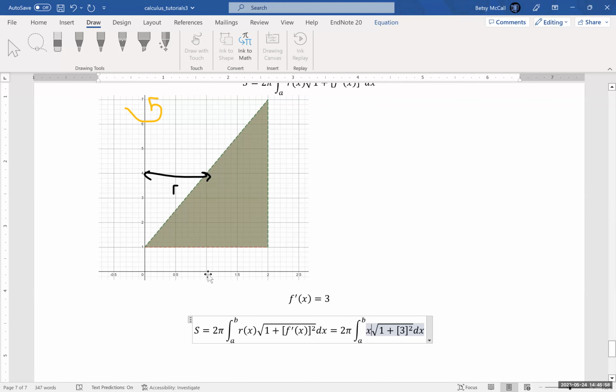It's just, here's my cylinder. I'm thinking about rotating around. What is that radius? It's just the distance of x. Now, that's the only thing that differs between rotating around the x-axis and rotating around the y-axis. And then we could go ahead and simplify this. This is still square root of 10.